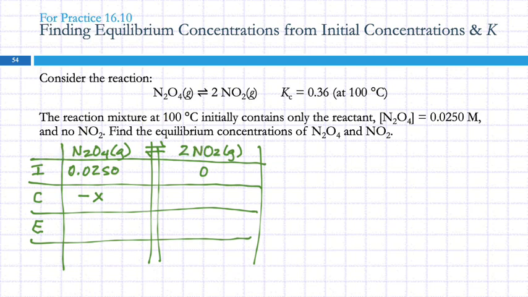It goes up by 2X. Aren't those coefficients nice? They just tell us exactly what to do here. Okay, and then we're going to add those top two rows together. So this is 0.0250 minus X, and this is 2X.